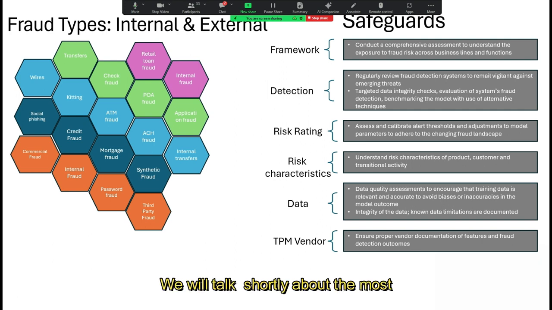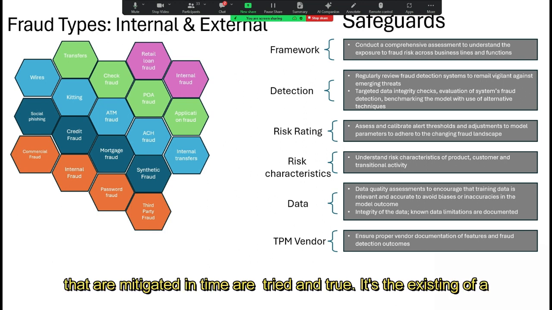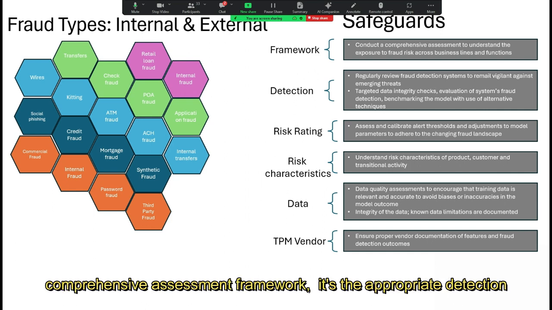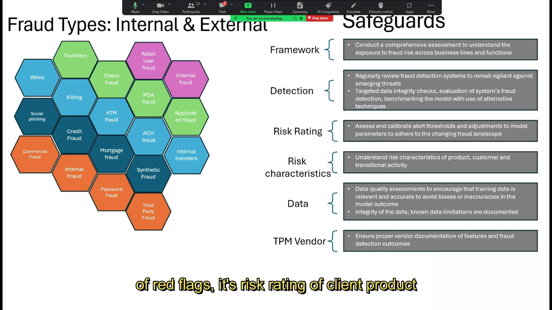We'll talk shortly about the most concerning fraud events, but the safeguards to ensure that fraud events do not occur or are mitigated in time are tried and true. It's the existence of a comprehensive assessment framework. It's the appropriate detection of red flags.